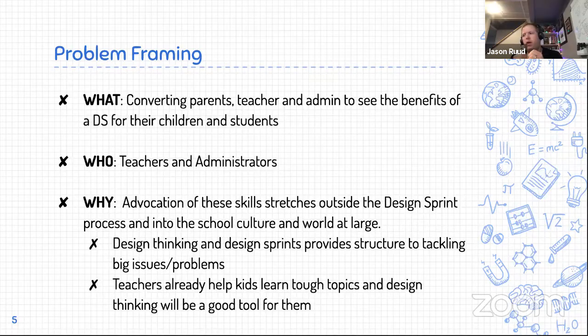We know that there are political barriers and socioeconomic barriers in place, and we asked what we can do to enable the classroom to take advantage of design thinking and design sprints, reduce classroom work, increase value and efficiency, and increase learning. We wanted to direct that at teachers and administrators. That came out very quickly in our problem framing exercise.